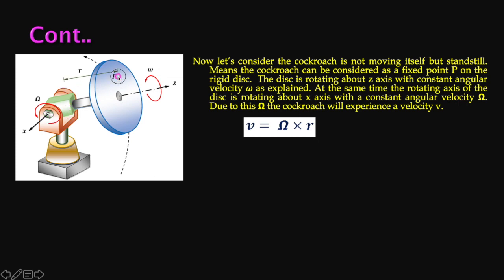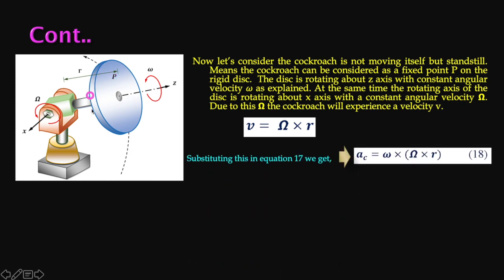For p, any point on this disk, this point p will be subjected to an acceleration. Here this point p is equivalent to the cockroach or the collar, which is moving while at the same time the entire system is rotating about another axis.